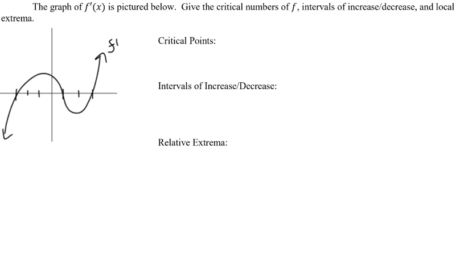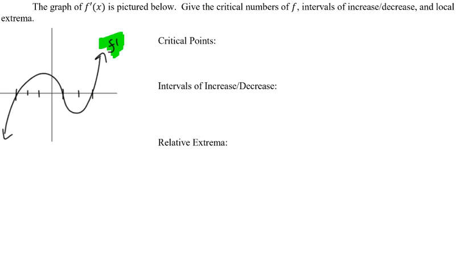Now, let's put it all together. Let's find the critical points, the intervals of increase and decrease, and the local extrema. That means the local maxima and the local minima. Okay. Notice here that we are given the graph of the derivative. So it should be pretty easy to find the critical points.